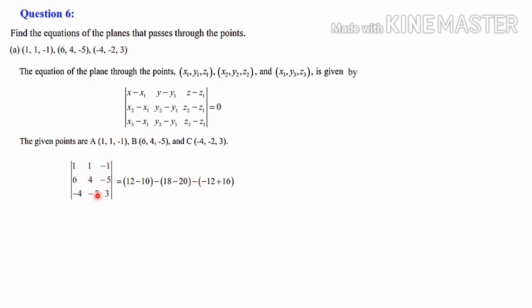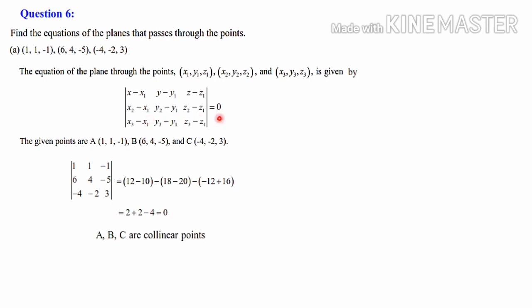6 into -2 is -12, and minus into minus is plus, 4 into 4 is 16. Then we get 12 - 10, that is 2; 18 - 20, again 2 with the sign; -12 + 16 is 4, so with the minus outside, minus 4. Here 2 + 2 is 4, 4 - 4 is 0, so we have got the value of the determinant as 0, meaning A, B, C are collinear points.